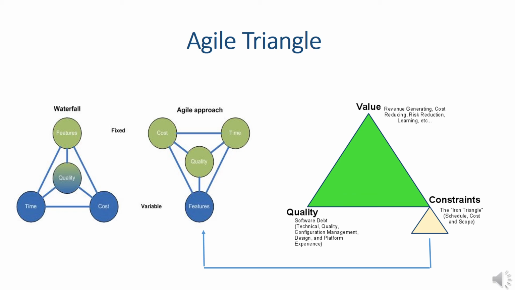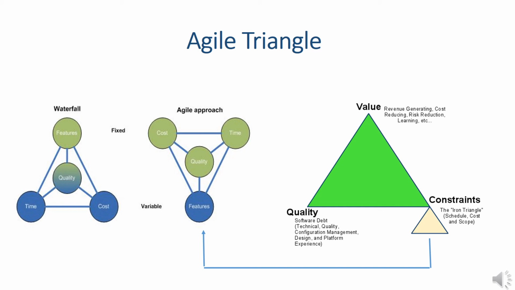Now coming down to the bottom right corner of the triangle, which is constraints. Constraints are scope, cost, and time. In the waterfall, we have seen the scope, cost, and time are basically three sides, and we have zoomed in on the relationship of scope, cost, and time in the Agile Iron Triangle.